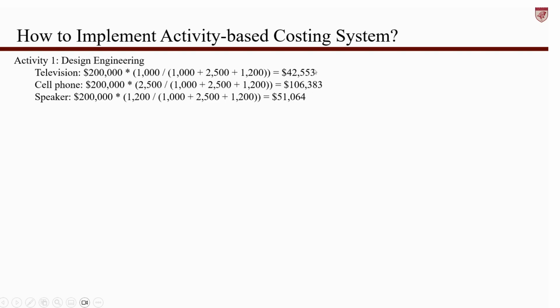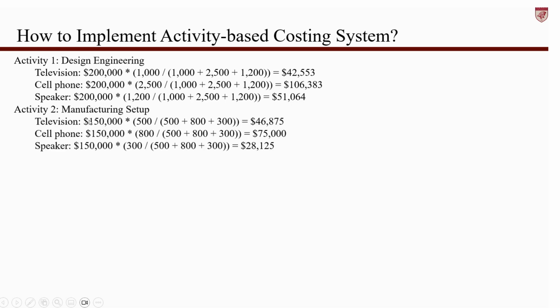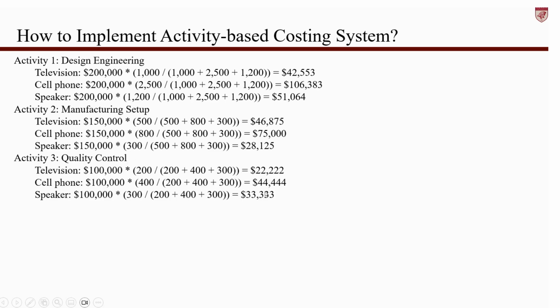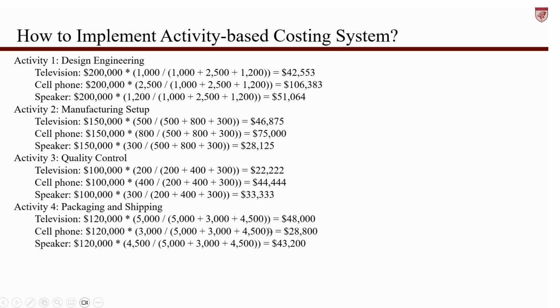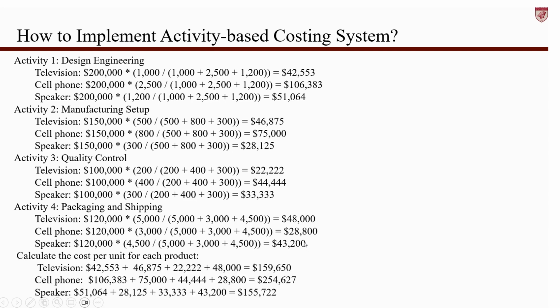So these should be the appropriate numbers that you would also come up with. Likewise for the setup costs and the quality control costs, the packaging costs, right? And then lastly, you would have to calculate by adding up all these costs.